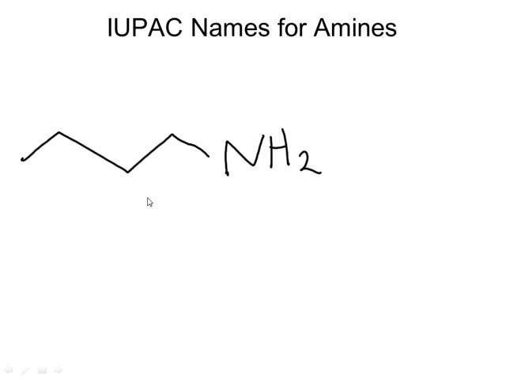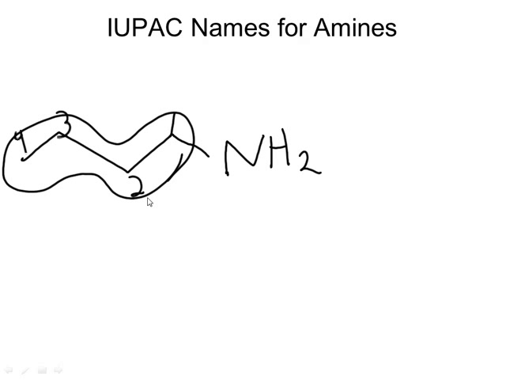This is a simple one, and in common naming it would be very simple, but when we do IUPAC naming, we have to identify that this is the longest carbon chain. We have to start numbering nearest the nitrogen, so we go 1, 2, 3, 4. So we have to call this 1-butanamine. Common naming, we would call this butylamine, but this is 1-butanamine.